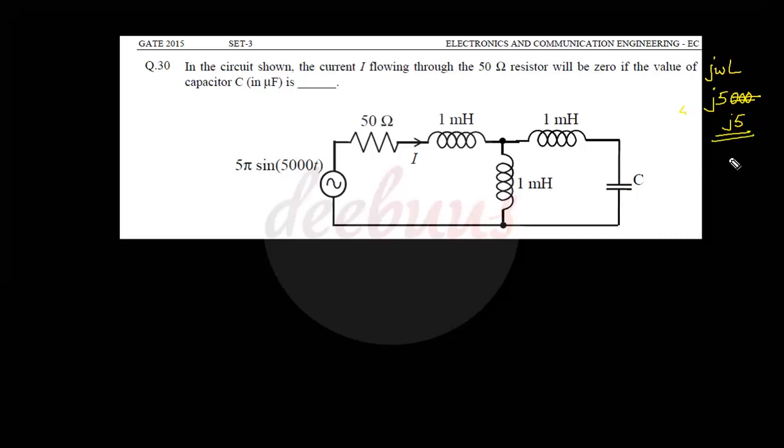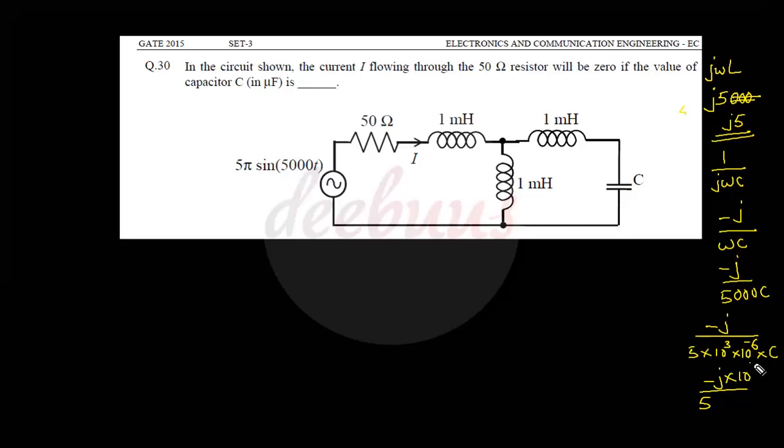Similarly, for the capacitor side, 1 by j omega C, or minus j by omega C, again omega equal to 5000, minus j by 5000 C. As capacitor is mentioned in microfarad, minus j by 5 into 10 raised to 3 into 10 raised to minus 6 into C. So on the numerator side, I can mark it as 10 raised to 3 divided by C, equal to minus j by C into 1000. 1000 by 5 is 200.